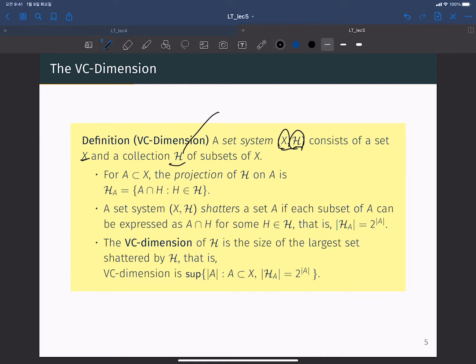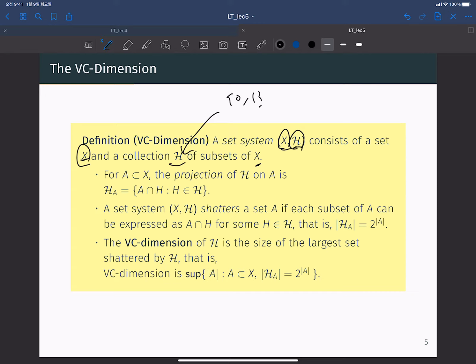And here we consider binary classification tasks, so the output is 0 or 1. And so we can represent each hypothesis defined on input X as a subset of X, right? The subset indicates where the function has value 1.